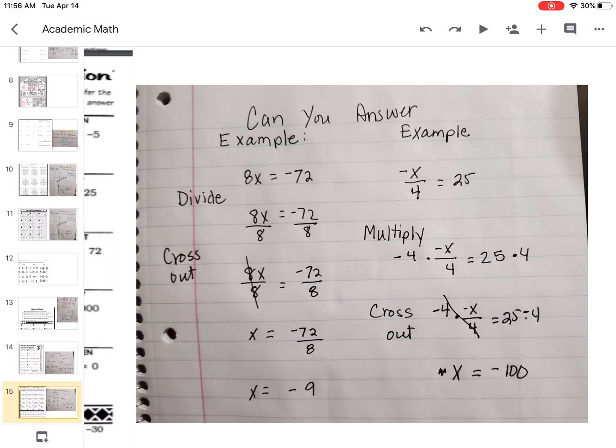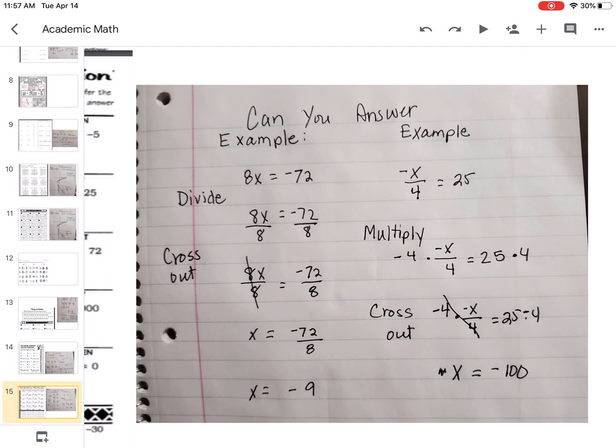Remember, guys, use your calculators to double check. Here's another example on the other side of the sheet, at the top right. Negative x over 4 equals 25. Remember I said if it's at the bottom, you're going to go top, so I'm going to multiply.